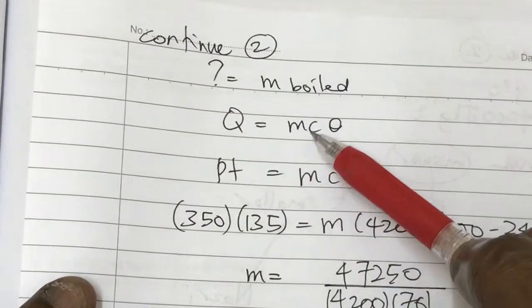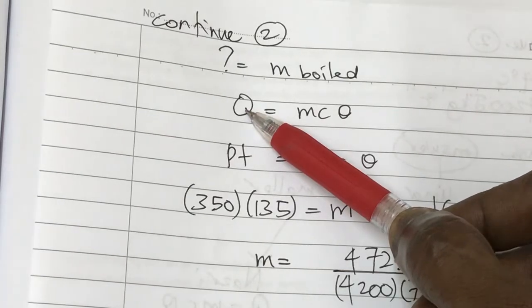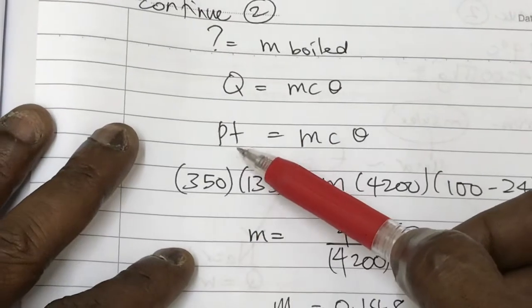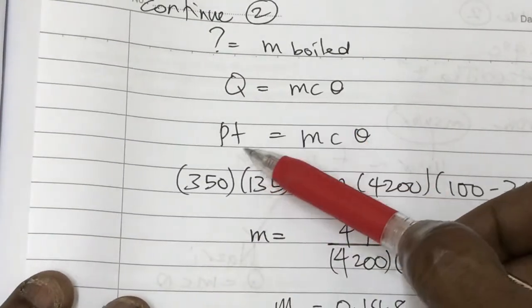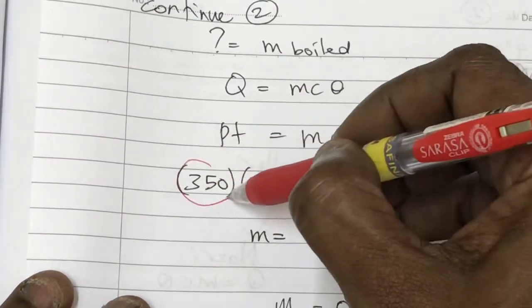So again, Q equals mc theta, the heat energy supplied by electrical energy, which is power multiplied by time. So Pt is mc theta. Nazri's power is still 350.